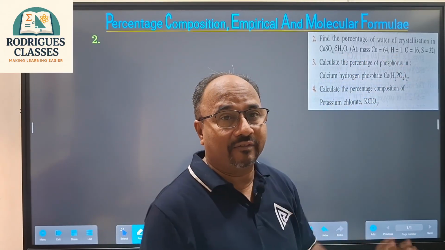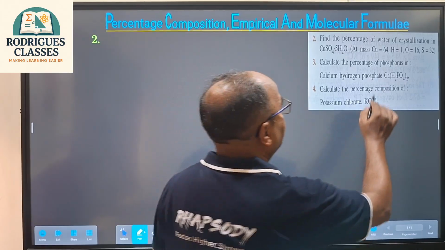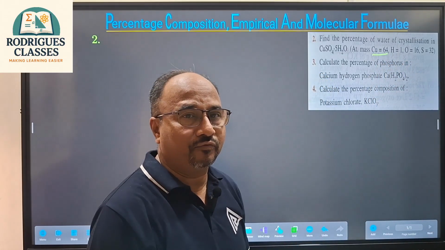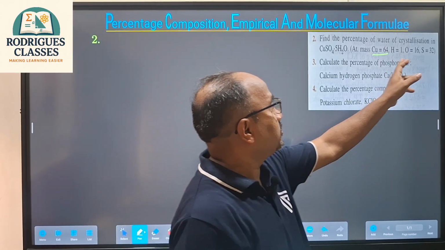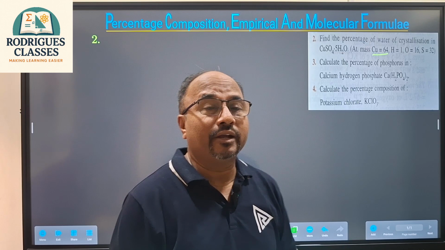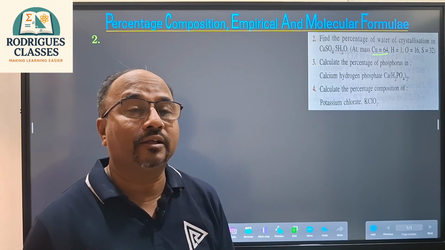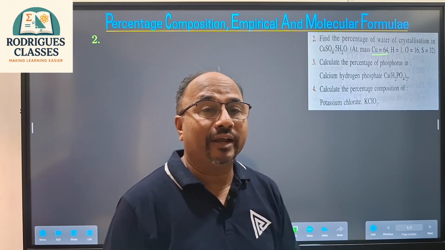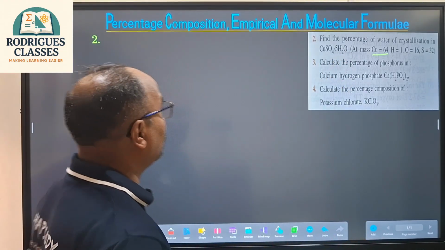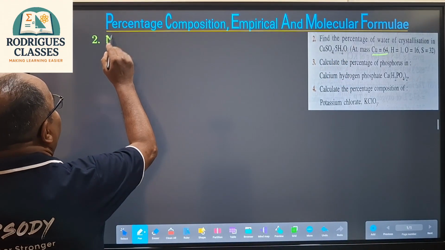Atomic masses are given to us. Important thing to note here, atomic mass of copper is given as 64, hydrogen is 1, oxygen 16 and sulfur 32. To know it, first of all, we should find the molecular weight of this entire compound CuSO4·5H2O. So we will calculate that first.